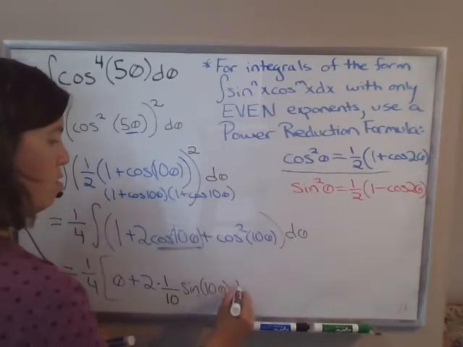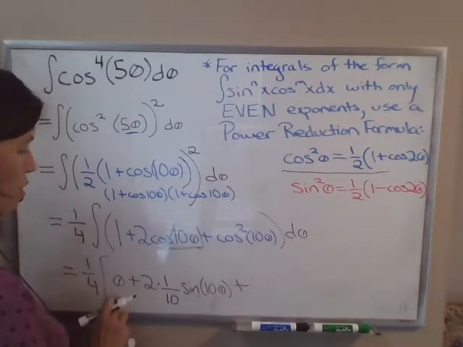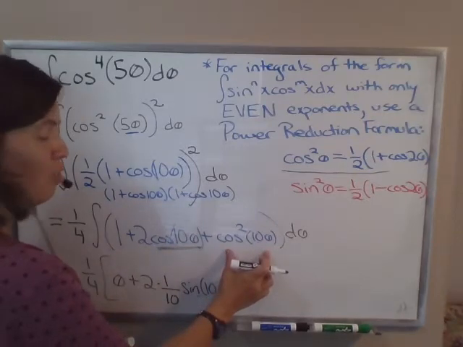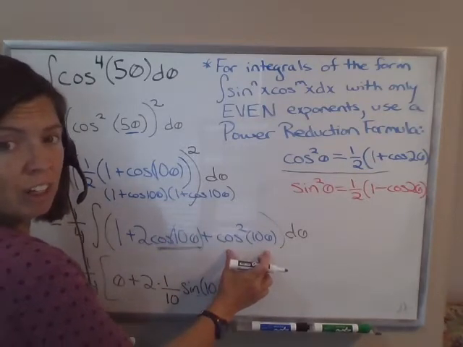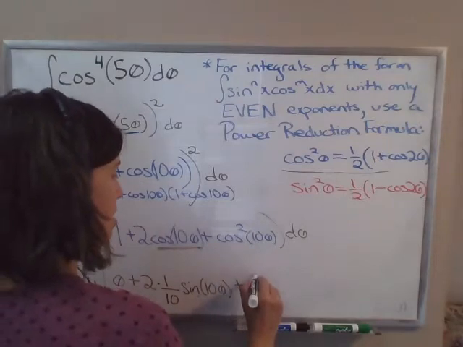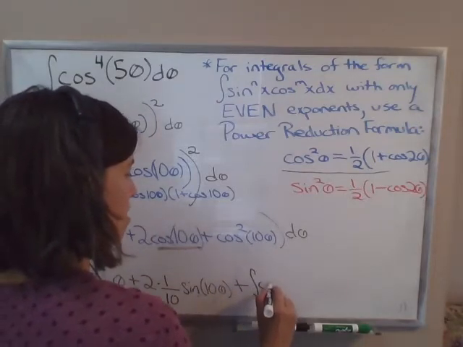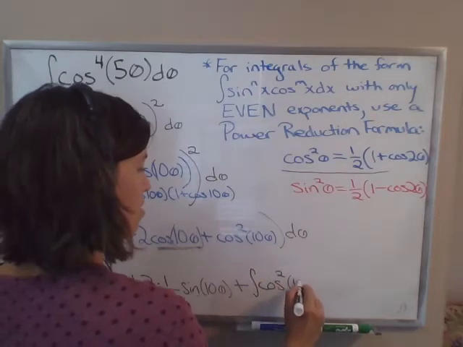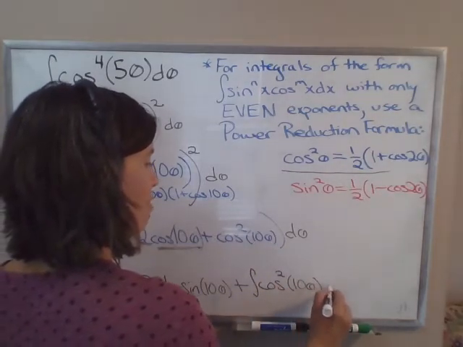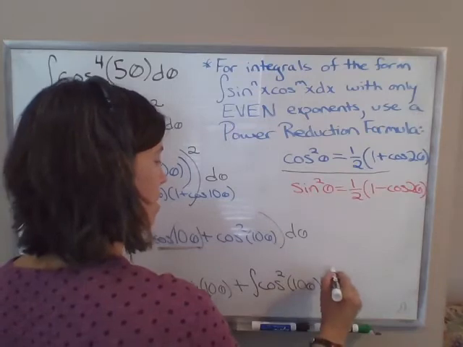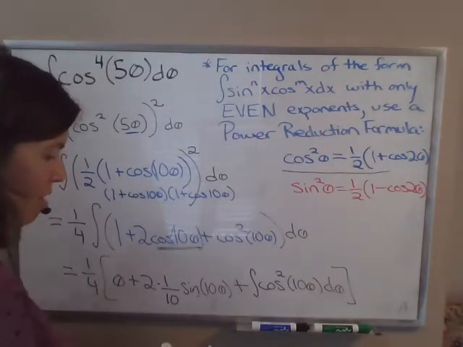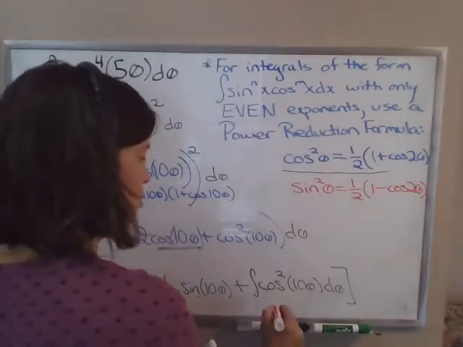Okay. So we took the antiderivative of this, we took the antiderivative of this. This, we can't do a straight antiderivative. In fact, in order to integrate this piece on the end, you're going to need power reduction again, unfortunately, because we find ourselves integrating just an even power of cosine.